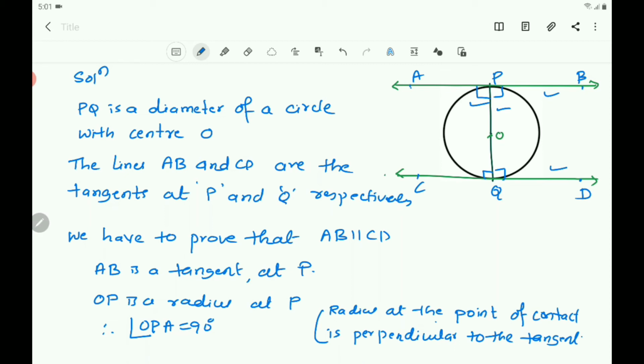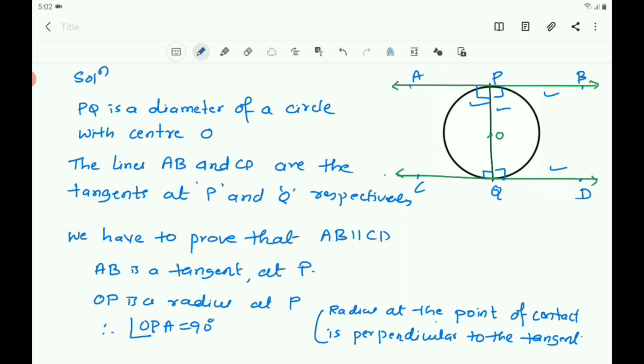When can you say that two lines are parallel to each other? If the alternate angles made by the transversal of the two lines are equal, or the interior angles on the same side of the transversal are supplementary, or the corresponding angles made by the transversal of two lines are equal.